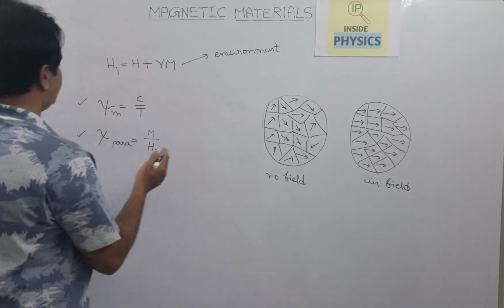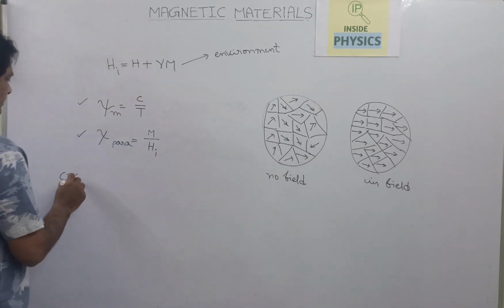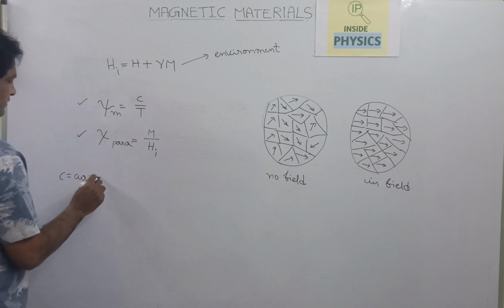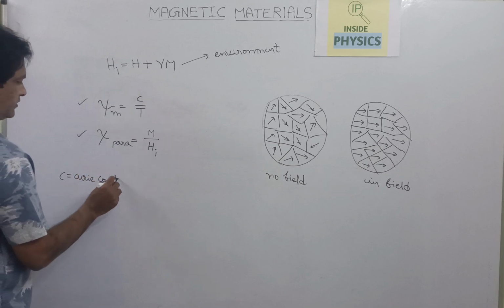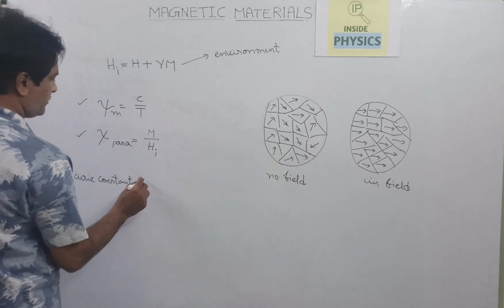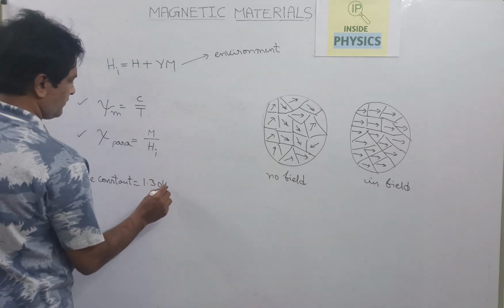So here C is the Curie constant. Its value is 1.3047.